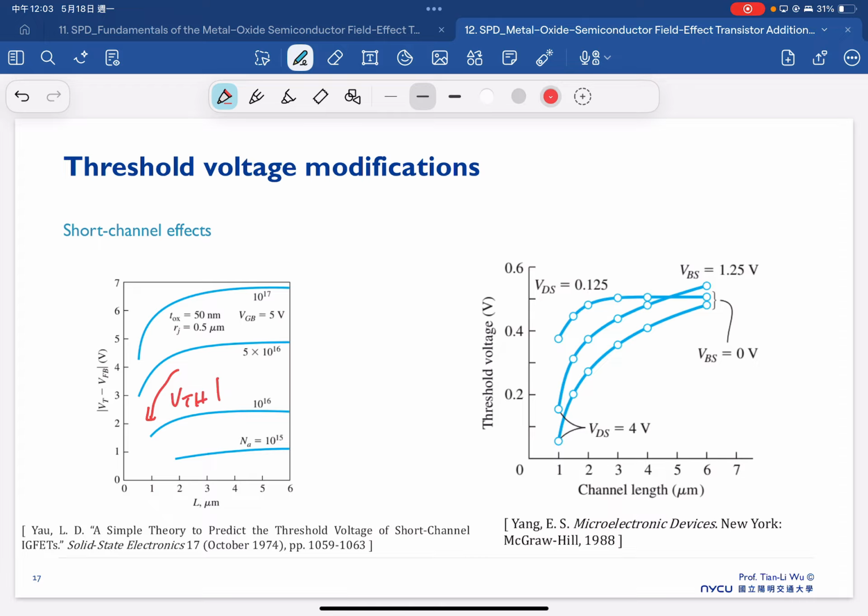So VTH is decreased. Channel length decreases, VTH decreases, and this phenomenon we also call threshold voltage roll-off.